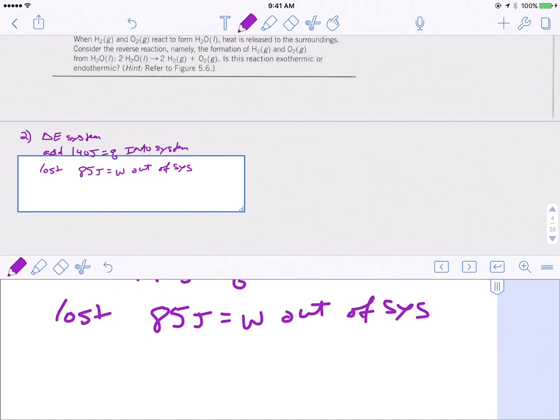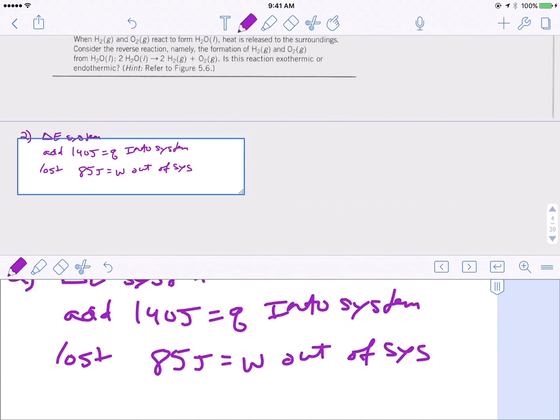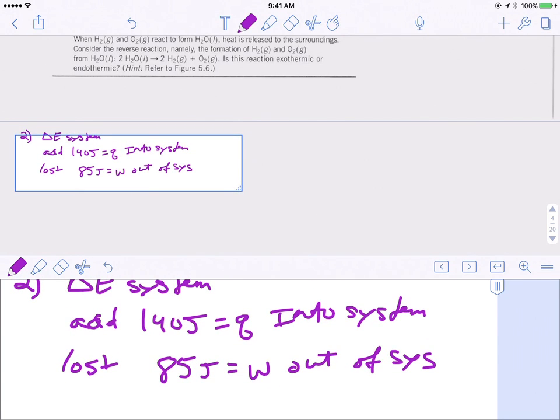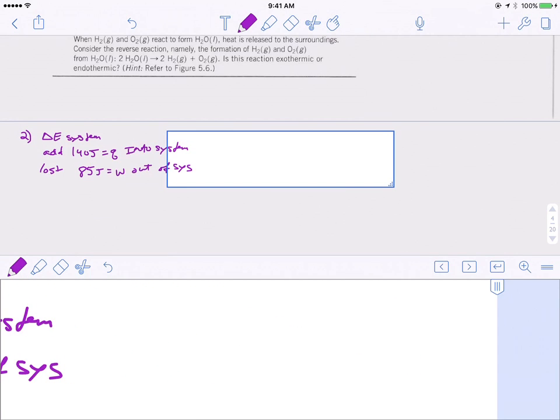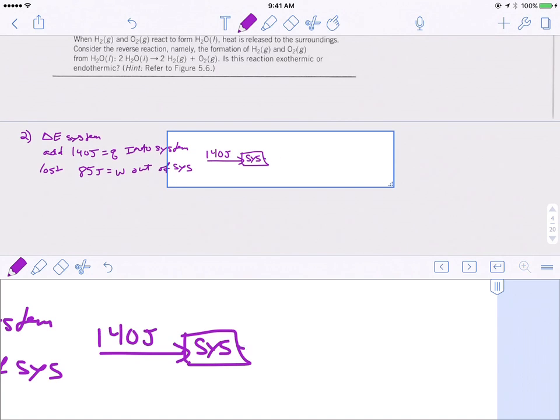Excellent. So initially we look at this and we're saying, okay, if we draw a picture of our system, we have some energy coming in, 140 joules, some energy coming out, 85 joules.